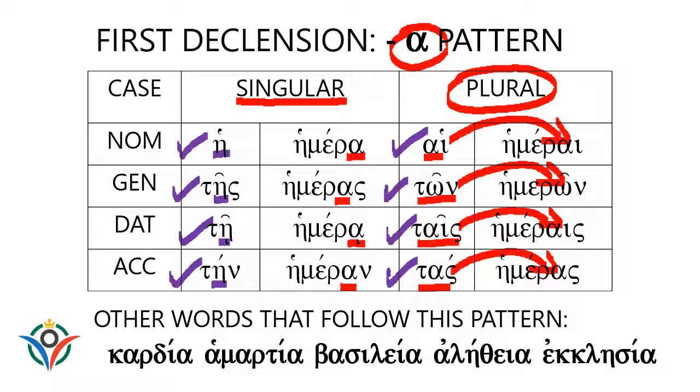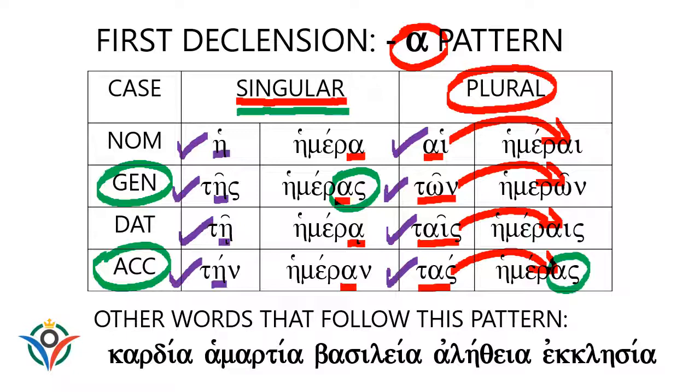I want to also point something out to you that is important to know. You can see here that the genitive singular form, hemeras, is identical to the accusative plural form, which is hemeras. Both endings are identical.